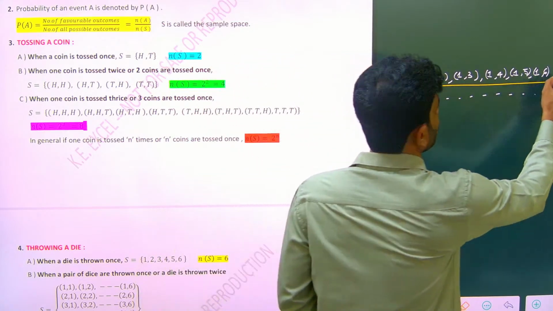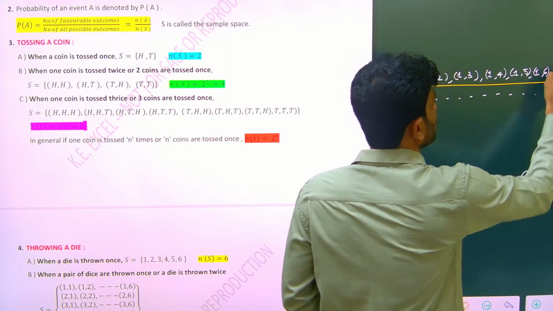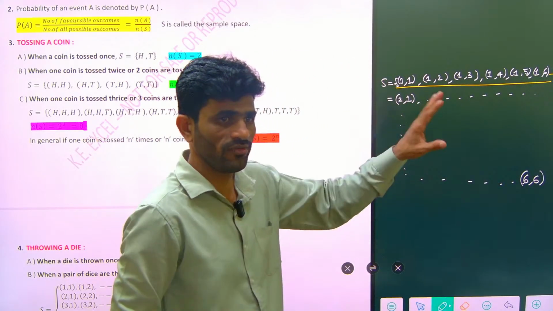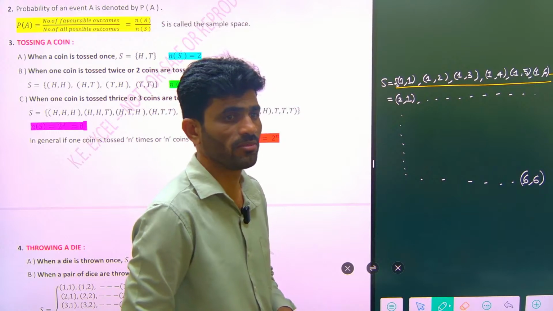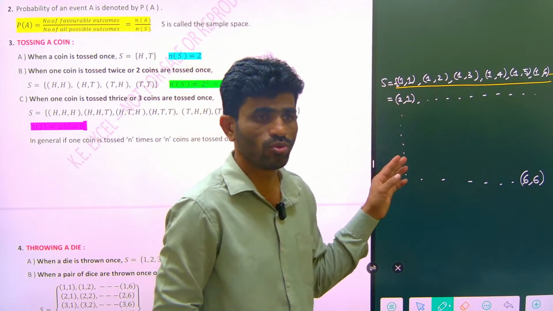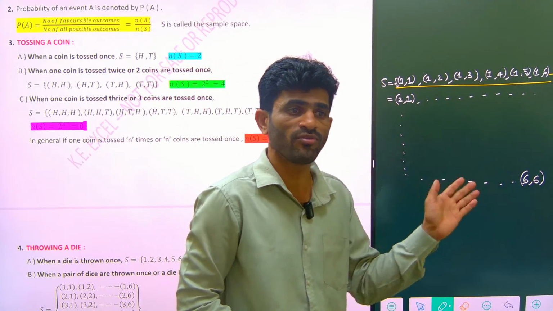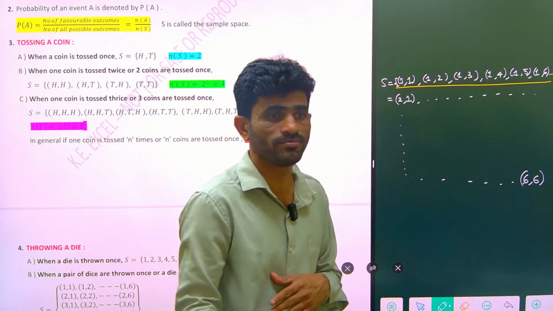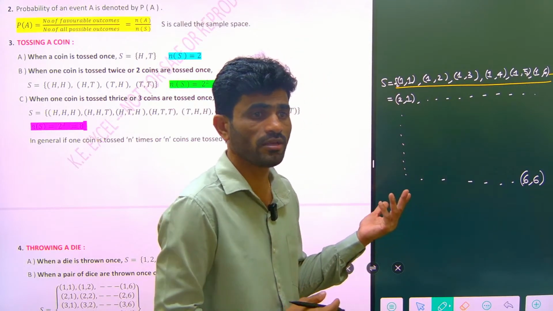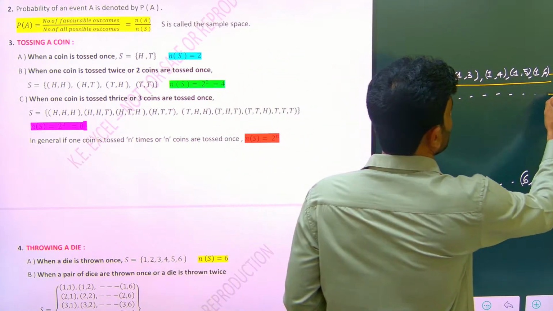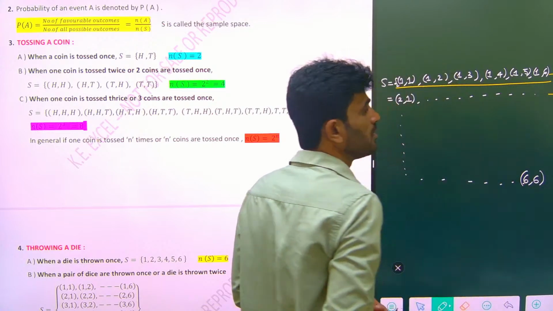So what is the total number of outcomes here? 6, in which any one of them is odd. Coming to the second one, we have 2, so you will have (2,2), (2,4), (2,6) also. We have to remove them. The remaining are the outcomes in which one of them is an odd number.